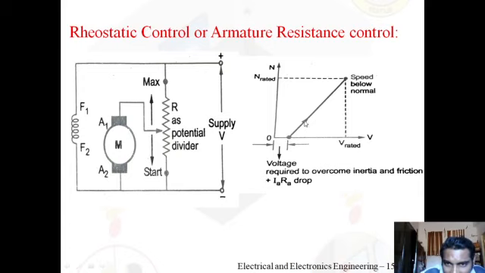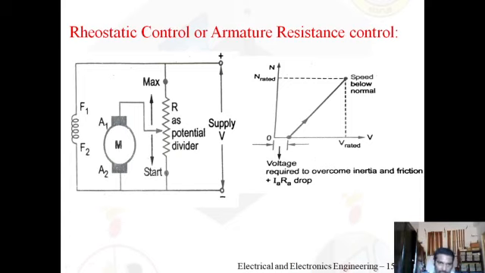Why is the graph increasing? Because slowly, as I vary the potential divider from the start point to the maximum point, the voltage across the armature starts increasing. As Va increases, automatically the speed of the motor increases and reaches the rated speed whenever the rated voltage comes across the armature. I will repeat.